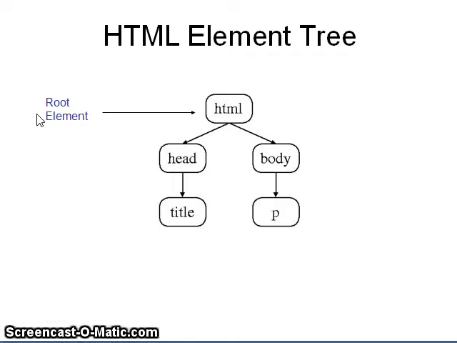In addition to it, it can have other elements also, such as script, style, etc. Next is the body element, where we are going to have the contents that are going to be displayed in the content area. One of the elements that can be placed within the body is the paragraph element. So here we are representing every element in the form of a parent-child relationship.